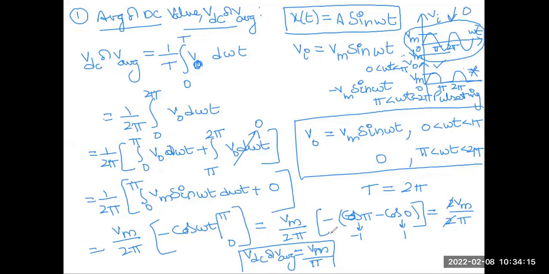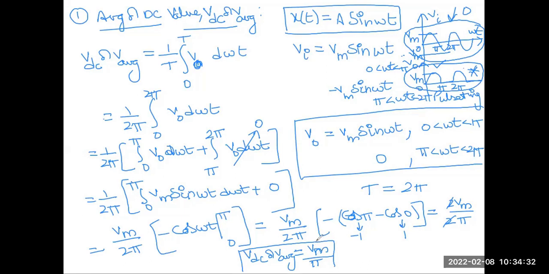Whereas this Vm by pi is what we calculated for our rectifier output. Is it found to be 0? No, ma'am. There is some amount of DC component present, and it is equal to Vm by pi.